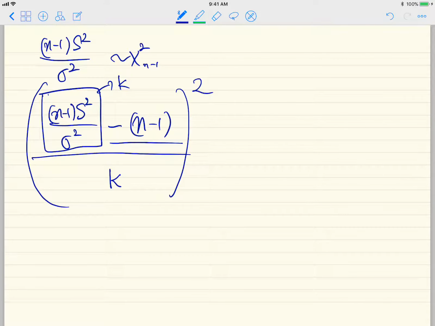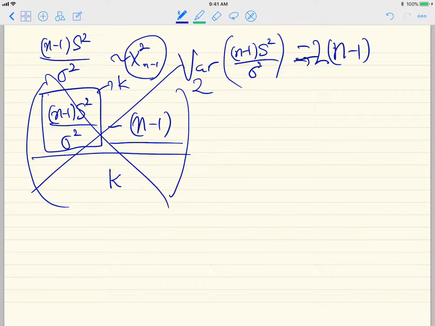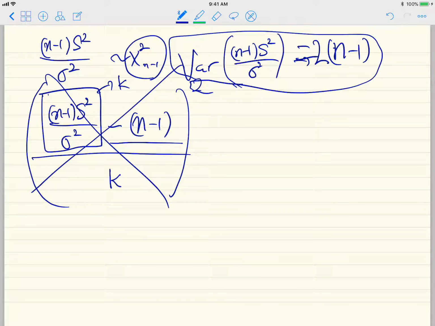So this guy's variance will be n minus 1 times 2, right? So please forget this. And then this will be true, right?